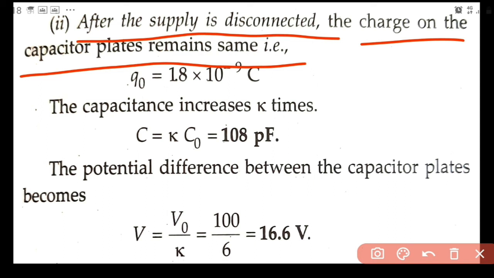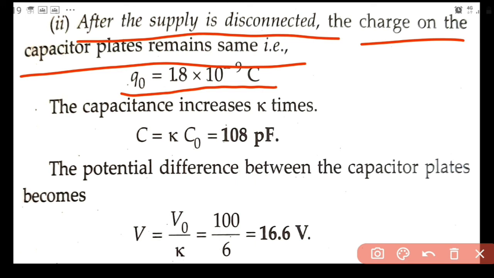Since the supply is disconnected, the charge remains the same, and that is 1.8 into 10 raised to minus 9 coulomb. The effect of the dielectric on capacitance is the same: capacitance becomes K times the initial one, so 108 picofarad itself.